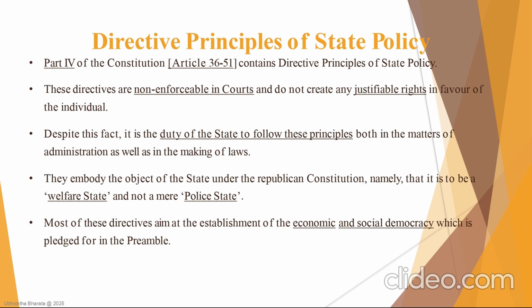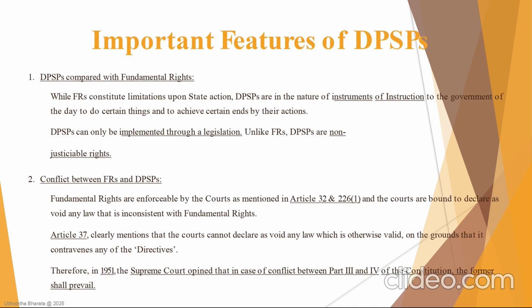The 42nd Constitutional Amendment Act expanded this status to all DPSPs. This attempt of giving primacy to DPSPs over fundamental rights was foiled in the Minerva Mills case, where the apex court again confined that status to only Article 39 sub-clause B and sub-clause C.